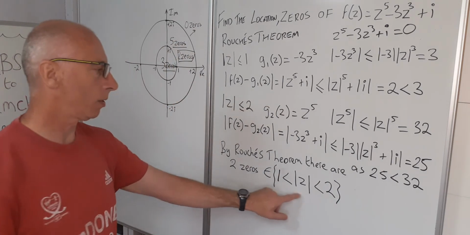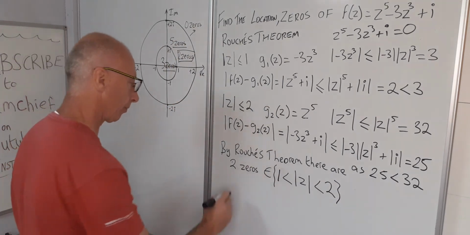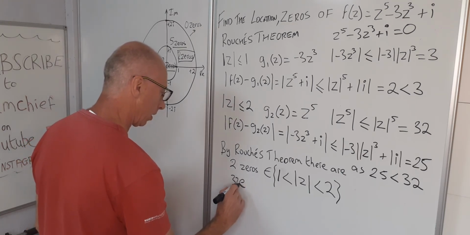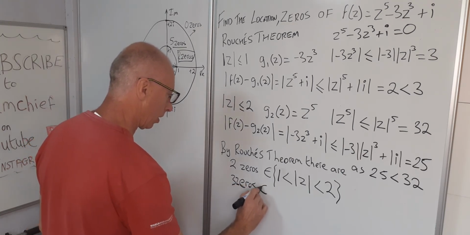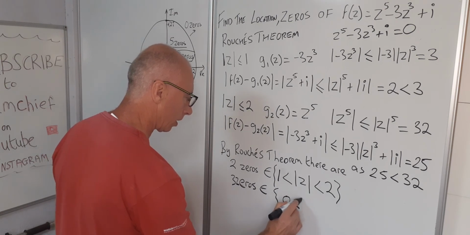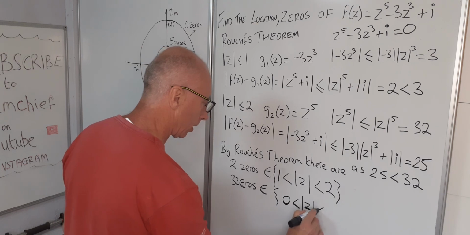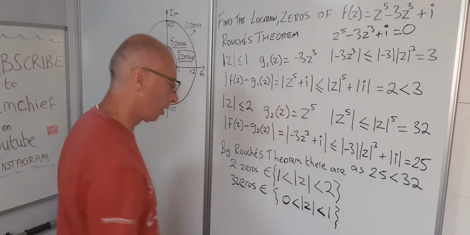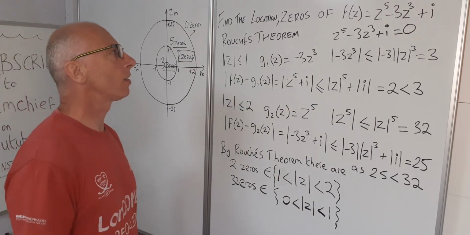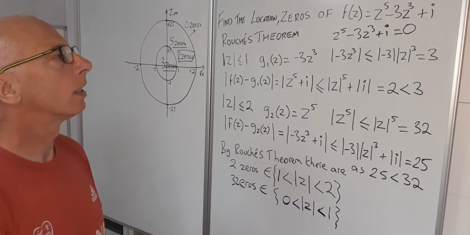So there's 2 zeros inside this region and 3 zeros inside where the modulus of z is less than 1. So that's going to be the location of all the zeros of this function here. Okay.